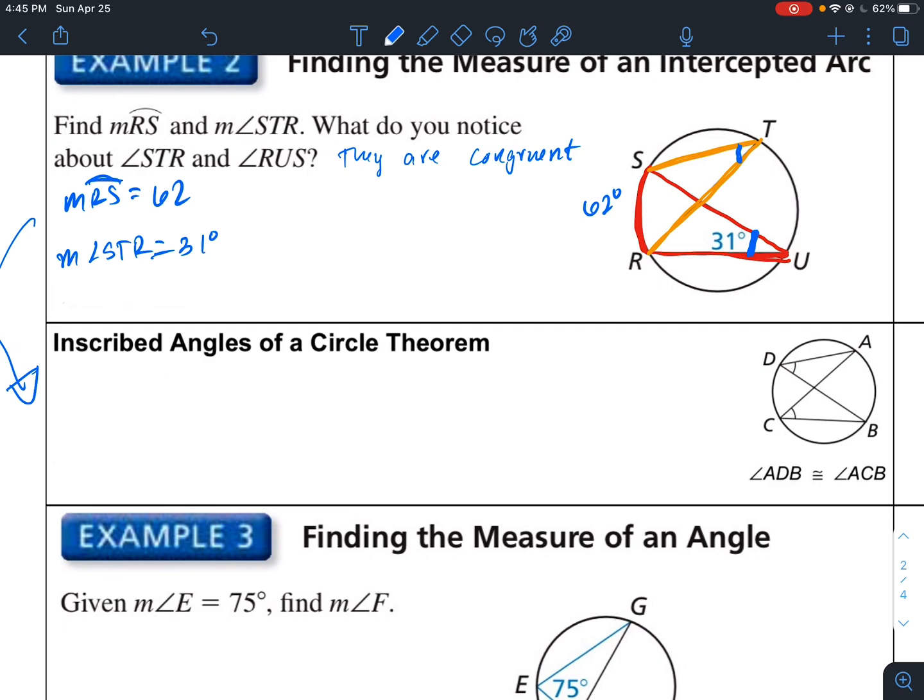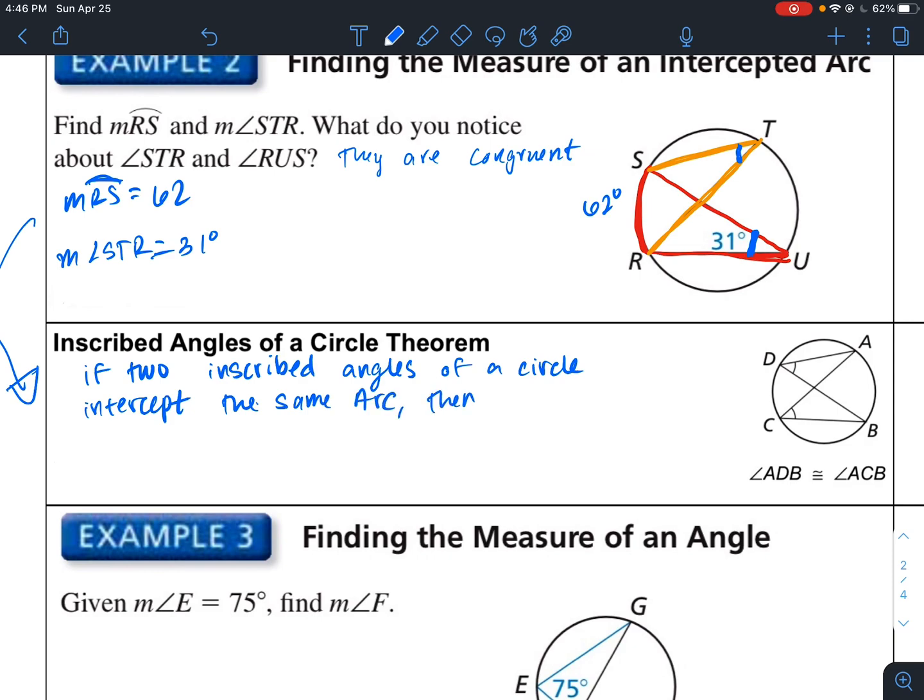All this theorem pretty much states is that if two inscribed angles of a circle intercept the same arc, then the angles are congruent.